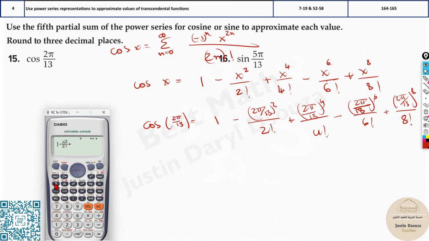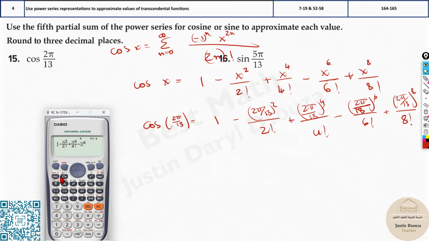Sorry, I pressed alpha and that's the reason. First press the fraction symbol, then alpha and x power 4 divided by 4 factorial. We subtract it now. It's plus, minus, plus. Next one will be minus. Again, alpha x power 6 divided by 6 factorial. Now I have forgotten to write the fraction symbol.